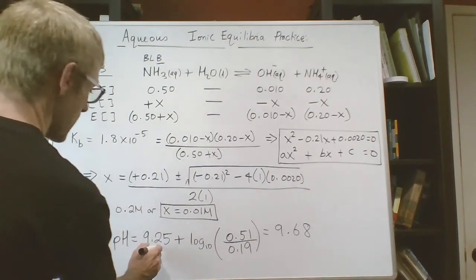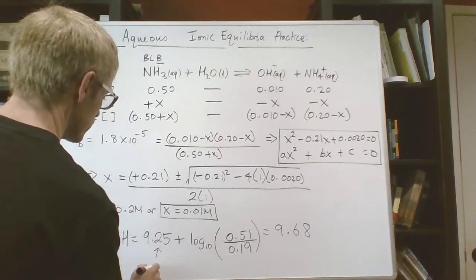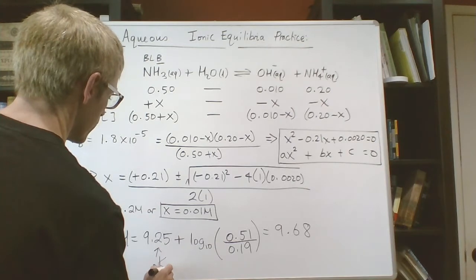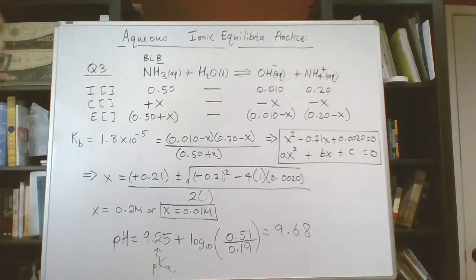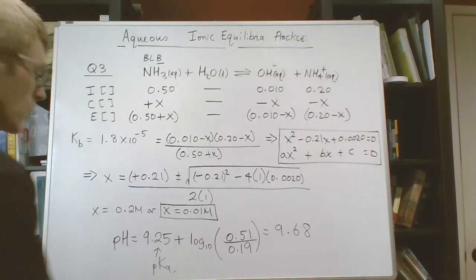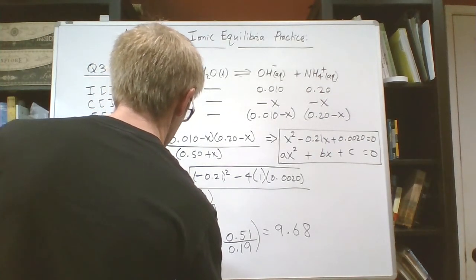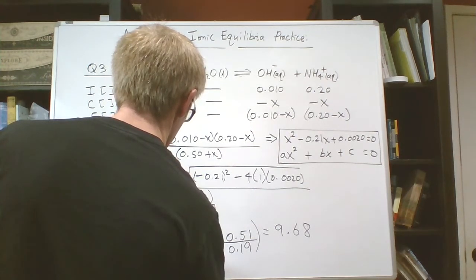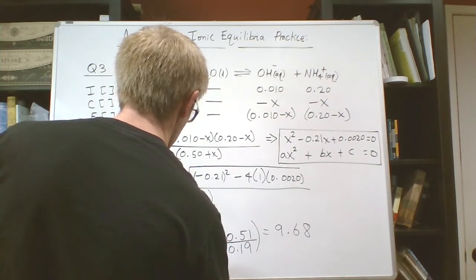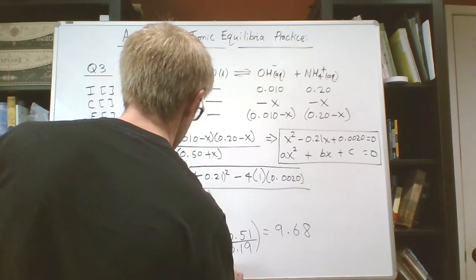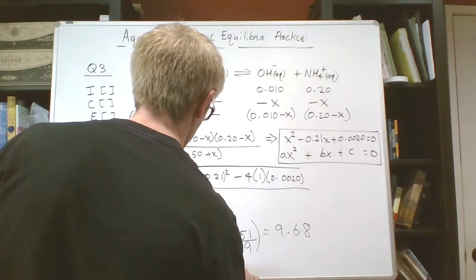This is the pKa, recall. How would you get the pKa from the Kb? Well, recall the Kb is Kw.